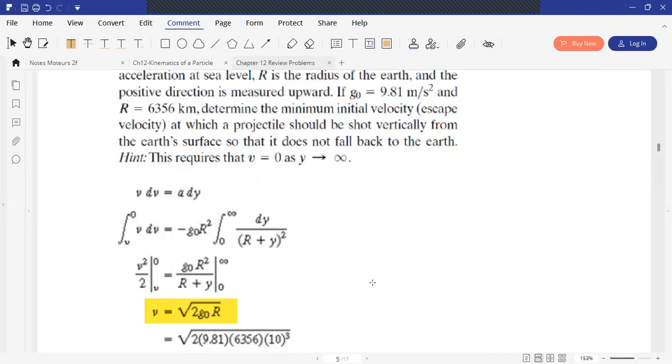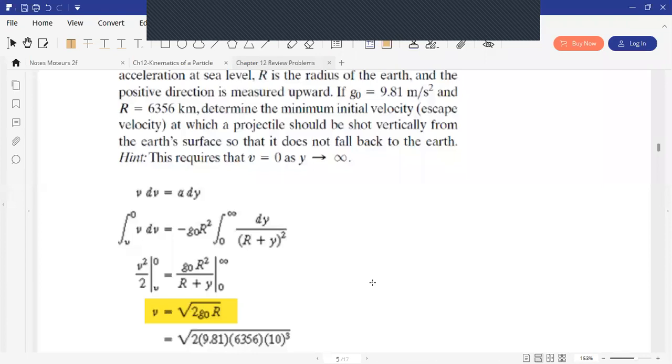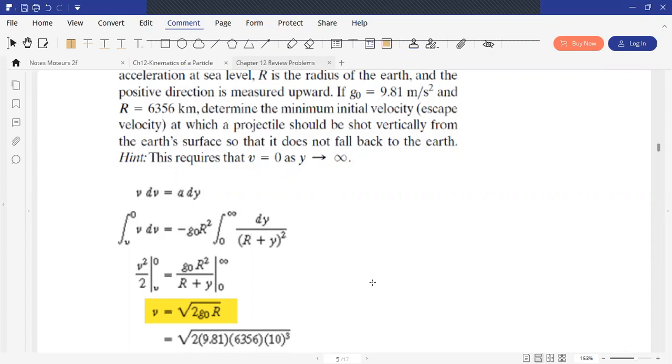Yes. Here we say that y goes to infinity, but in fact, when this ball gets outside the Earth's gravitational field, y is not infinite. Y has a value. So why don't we use this value?